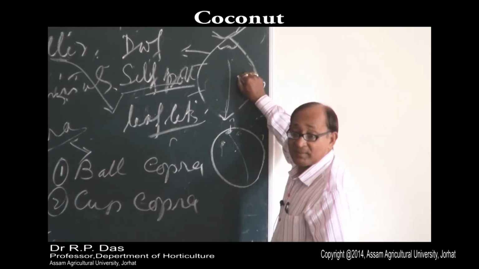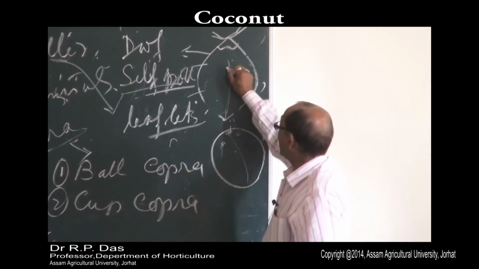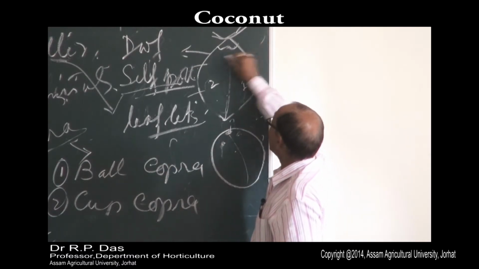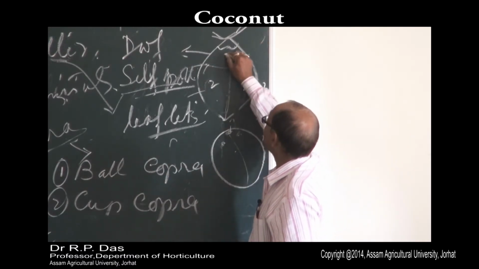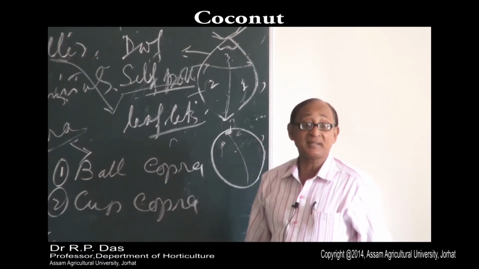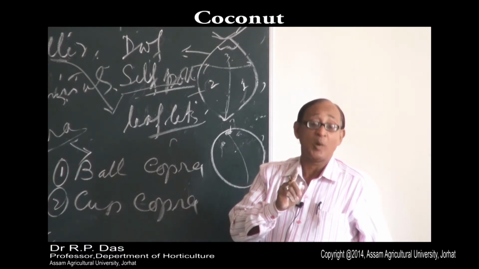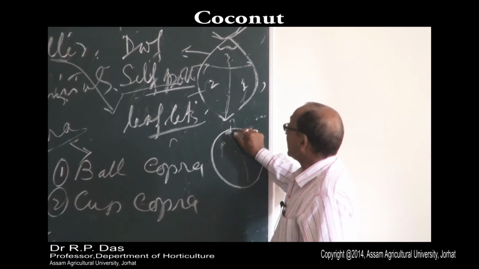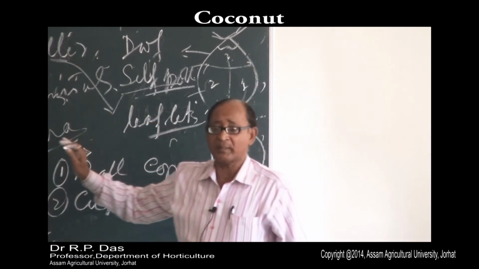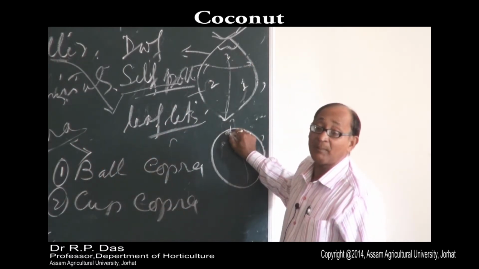Between two ridges there is one side, between the next two there is a second side, and the other is the third side. The broader eye, the functional eye where the embryo is present, is always found on the broader side. In any variety of coconut in the world, the embryo is present on the broader side.